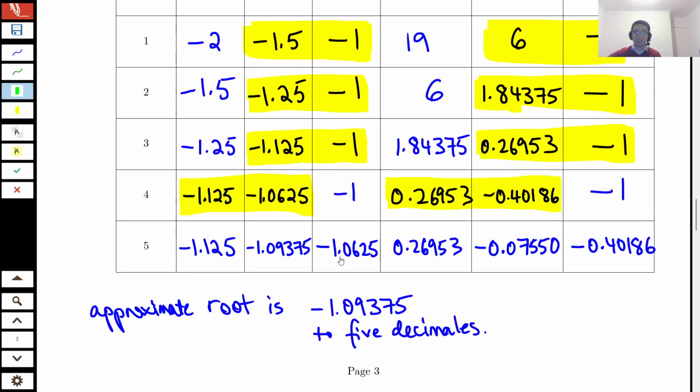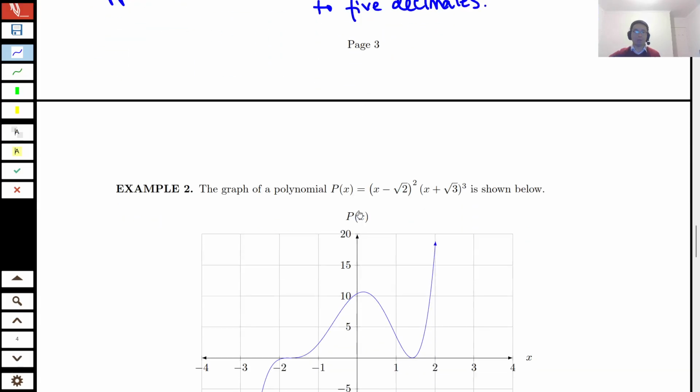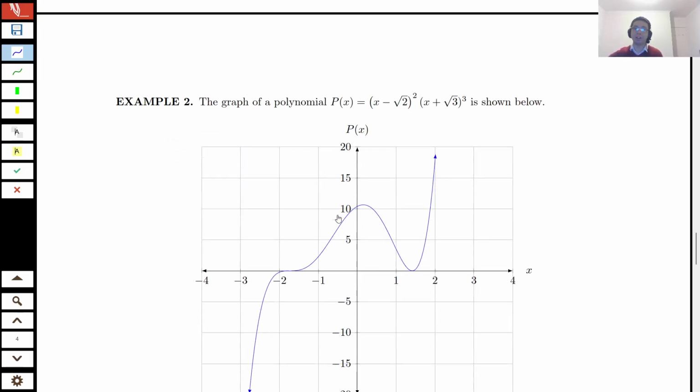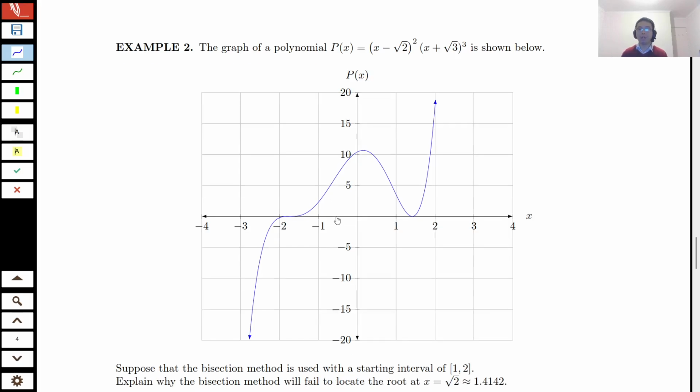All right. So we're nearly done. The next two examples are more theoretical and discussion based rather than calculation based. So let's look at example 2 now. What I've got here is a polynomial. There's nothing special about these numbers, root 2 and root 3. The thing I want you to notice is that the root is between 1 and 2.